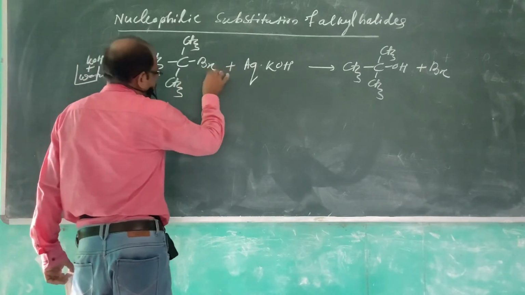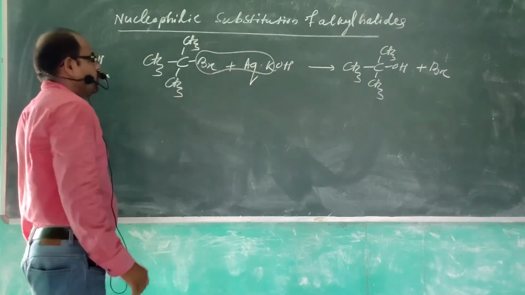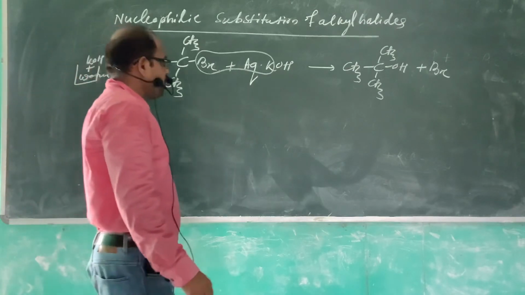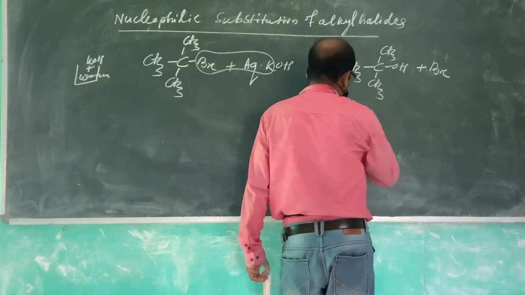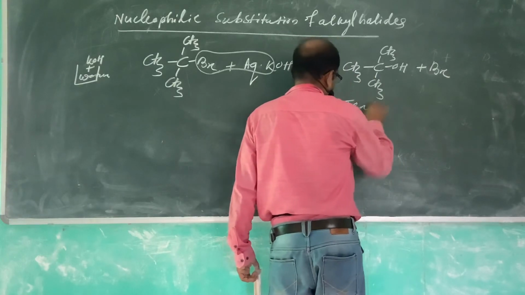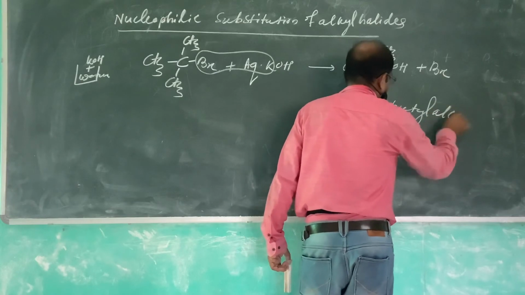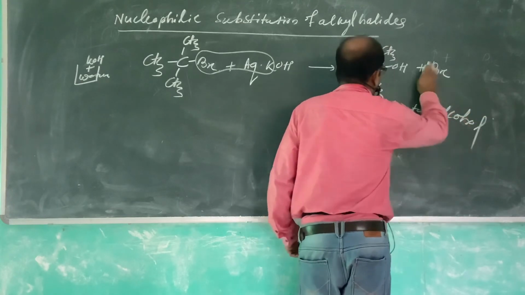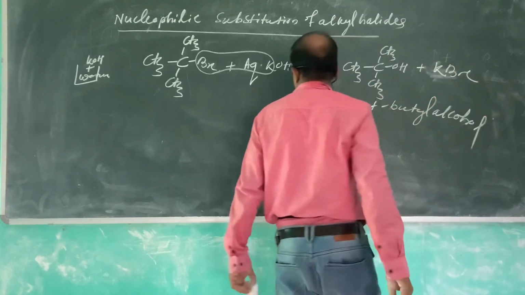When tertiary butyl bromide reacts with aqueous KOH, we get potassium bromide and tertiary butyl alcohol.